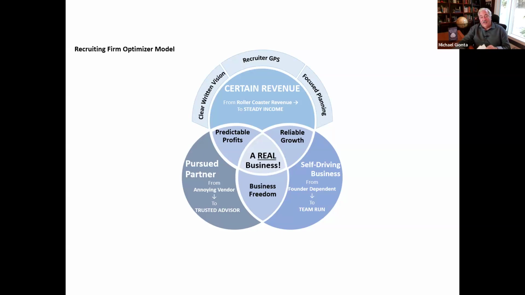The last area under certain revenues, okay, you have a vision. We can reverse engineer with GPS what the activity needs to be to at least hit the billing part of that vision. And now we're going to go to focused planning.